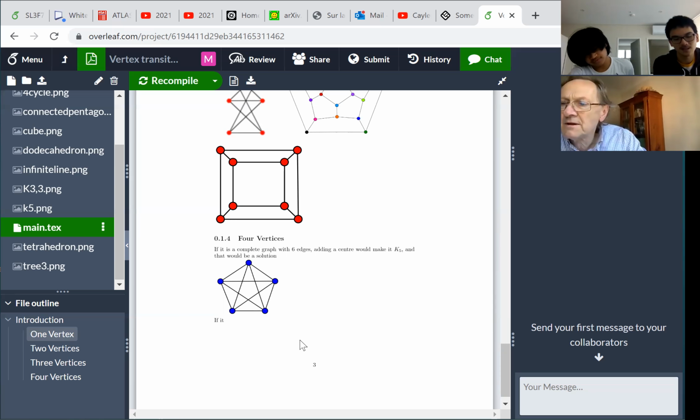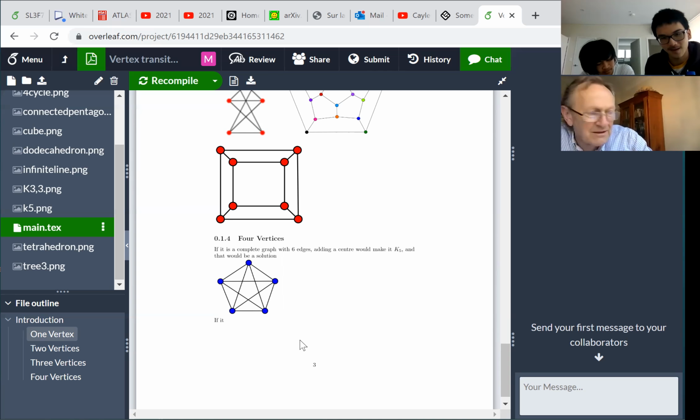It sorted the graphs by vertices of the entire vertex transitive graph, not just the sphere. Yeah, well, it wasn't vertex transitive graphs. I think it was all graphs, wasn't it? I'm not sure.